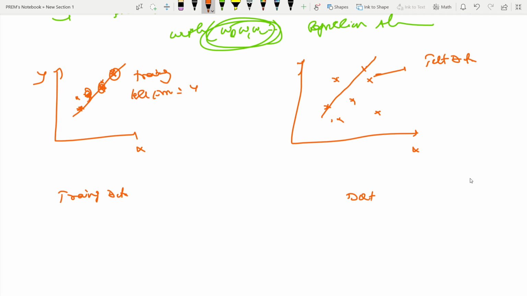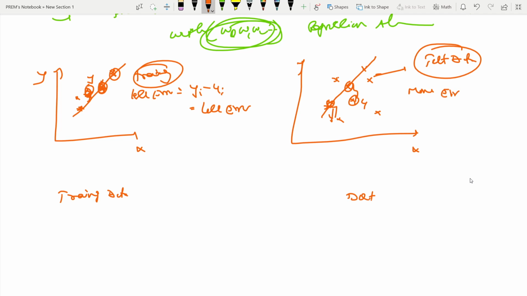Why? Because these points are the y and these are the y hat, so there is less error on the training data. This is my y and this is my y hat. During testing, I'm getting more error.